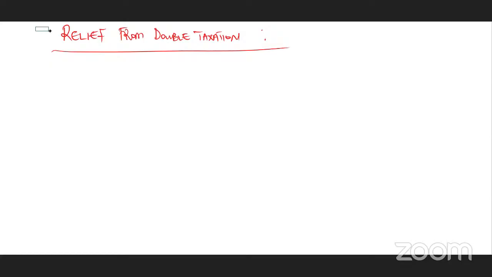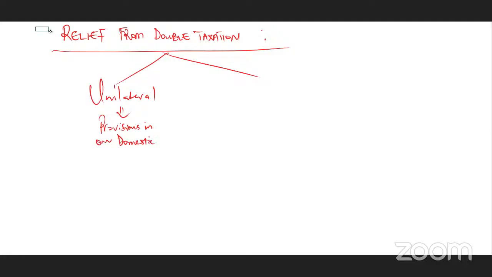All right. And then to relieve people from double taxation, there are two approaches. We have what we call the unilateral approach. You see, the word there is uni, meaning one, right? So unilateral means we relieve people based on the provisions in our domestic law only.